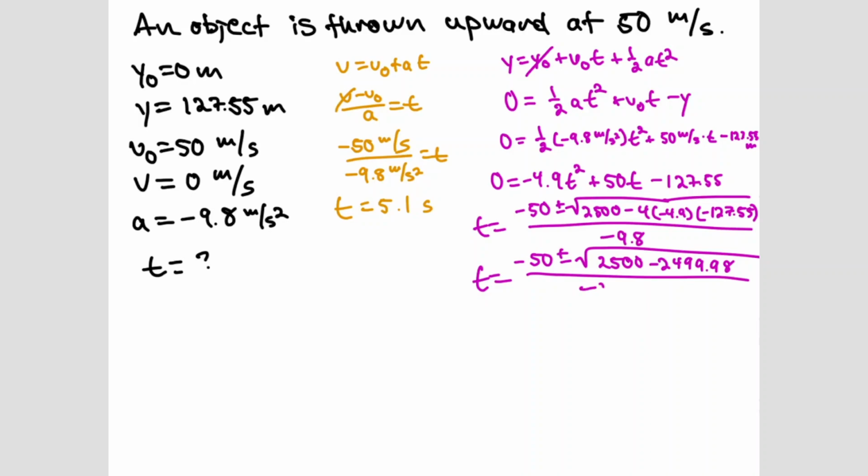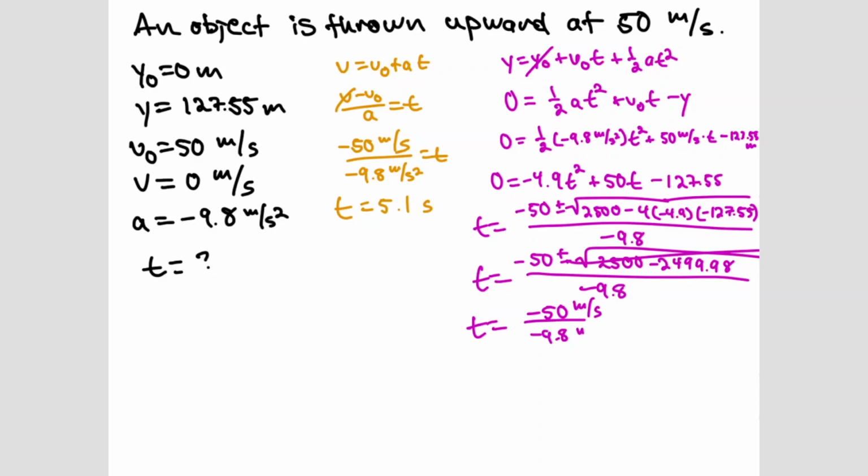Yeah, that's basically 2500. I'm just going to completely cancel that out because 2500 minus 2499.98 is basically 0, and the square root of 0 is 0, so there really isn't anything. This just ends up giving this. I can add my units back now.